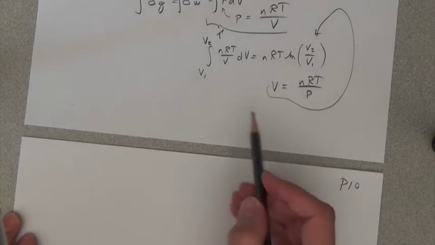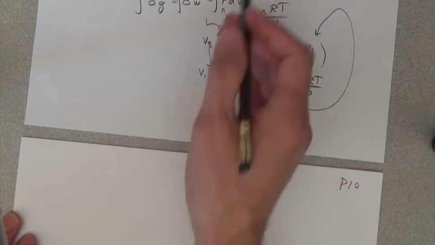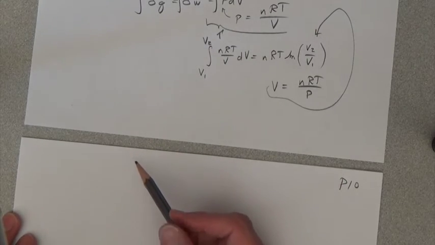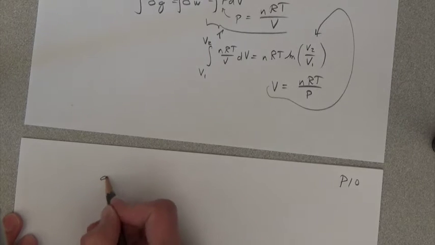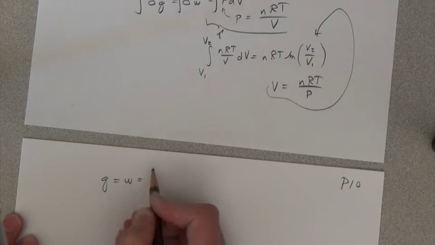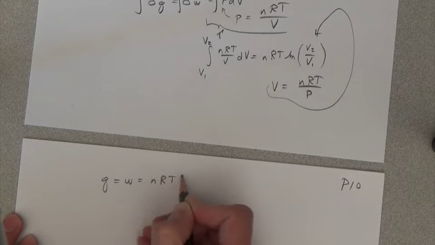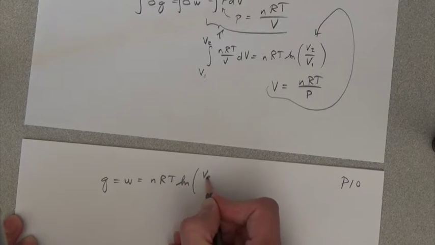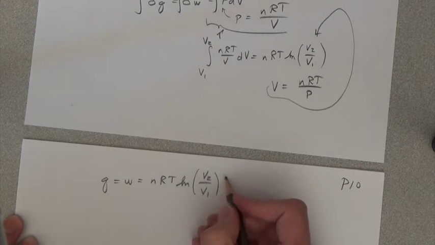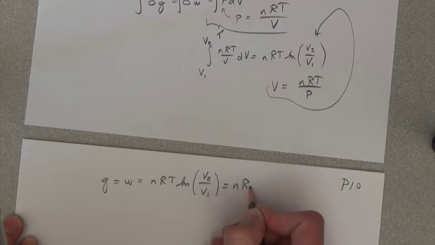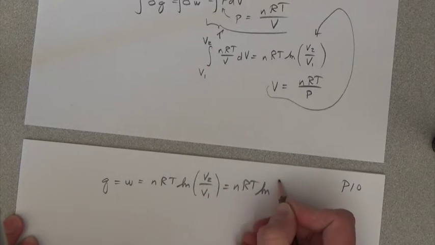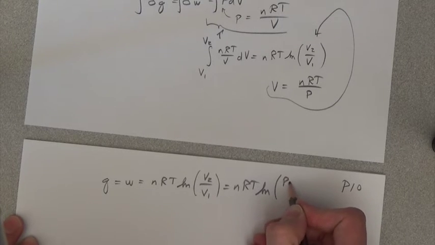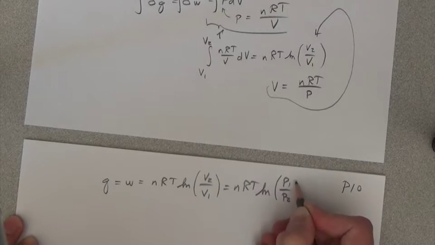So the consequence of having an isothermal reversible transition is that Q equals W is equal to nRT natural log V2 over V1, is equal to nRT natural log P1 over P2.